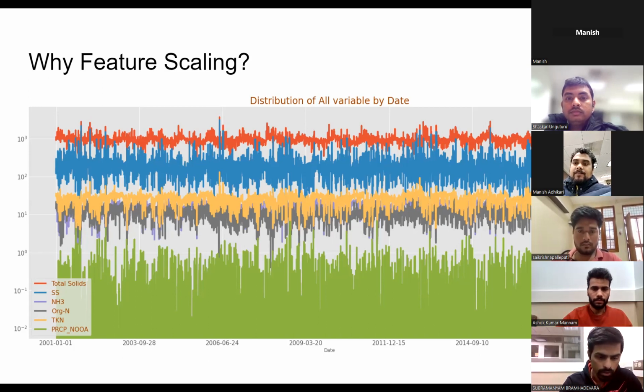If you see here, there are various differences between the features. For example, for NOAA precipitation we have a large distribution with a lower value, whereas for total solids we have higher values and a lower distribution.